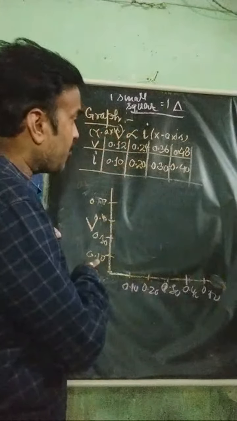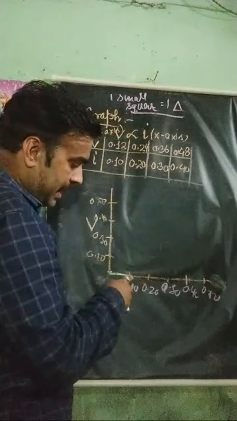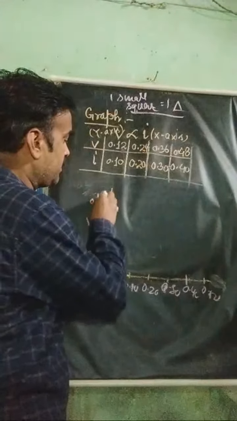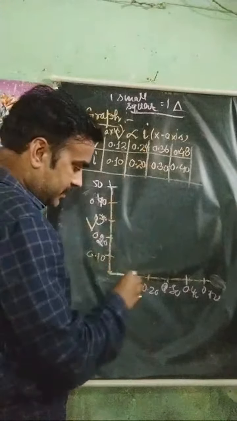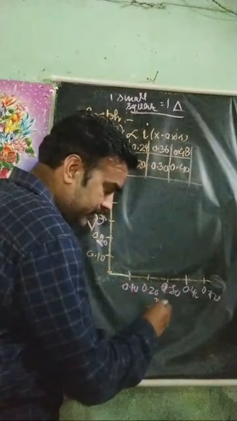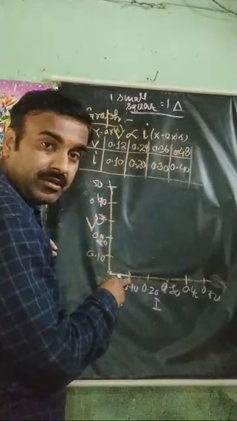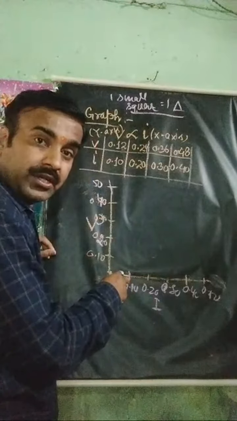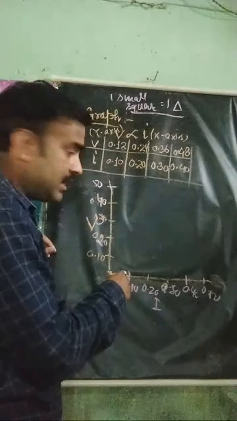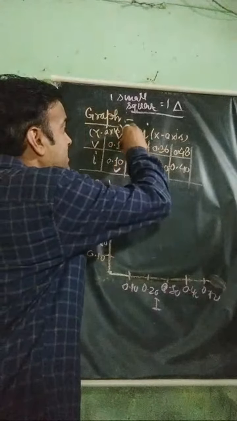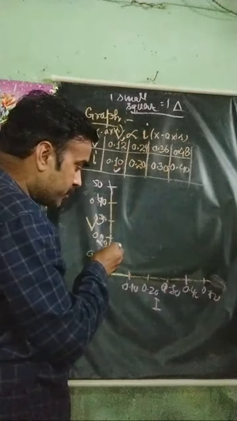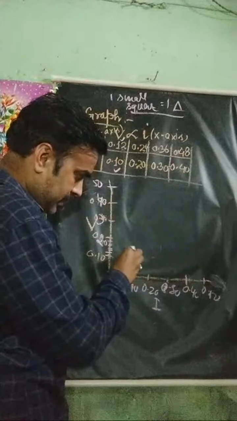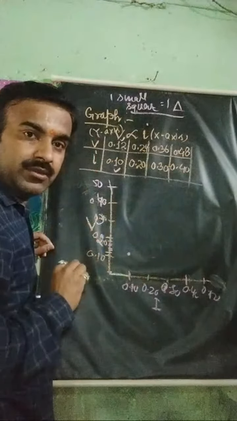Now at 0.10 and 0.12, there will also be 10 divisions: 10, 20, 30, 40. On the x-axis it is I, at 0.10, and on the y-axis 0.12. So here 1, 2, 3, 4, 5 divisions will be there, so the point is somewhat above 0.10.